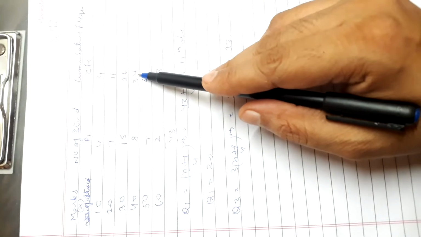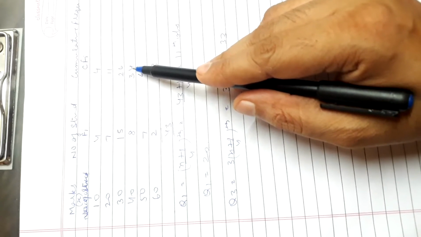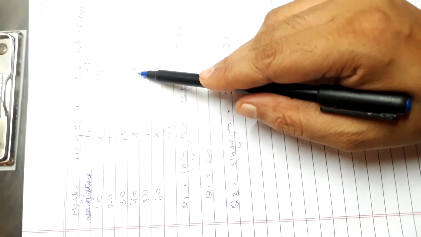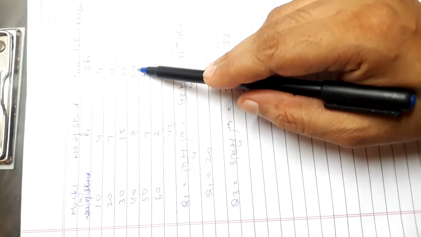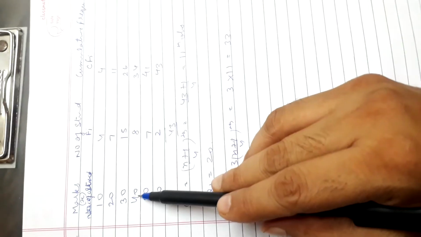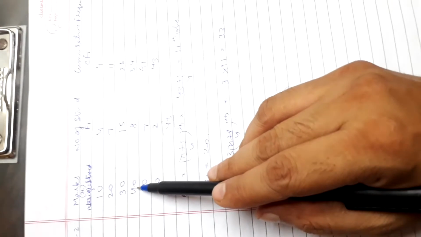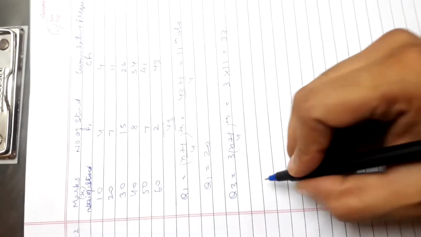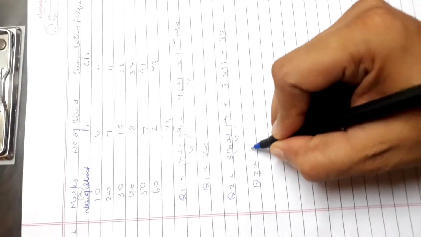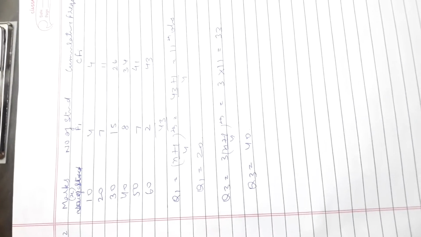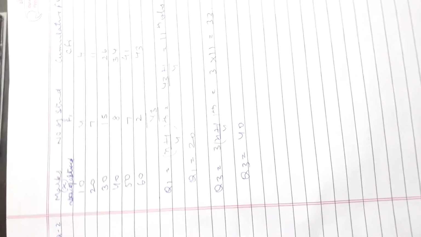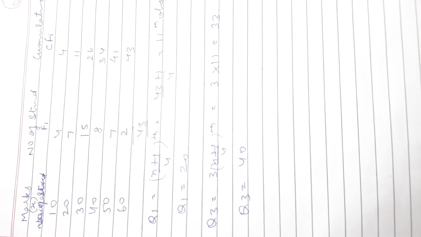So 33 will be taken here as the 34 value, that you have to take. Now the corresponding value for this in the X is 40. So here the value for Q3 is 40. We have got the values for Q1 and Q3, that is 20 and 40.